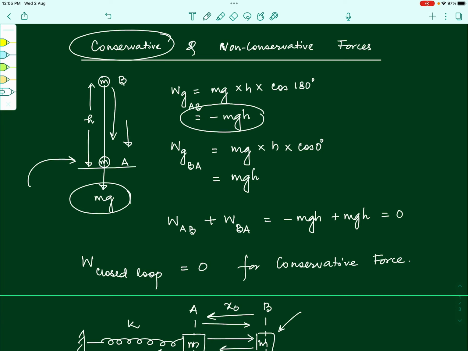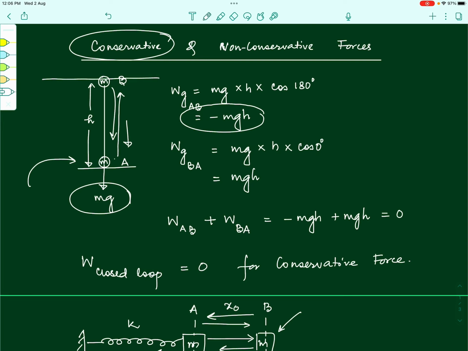So because of that, the ball which moves up will gain a certain energy as it reaches this height h. It is that energy that it gains because of the gravity doing work on it, which we shall be defining as potential energy. It will come in a while, we shall understand it there.